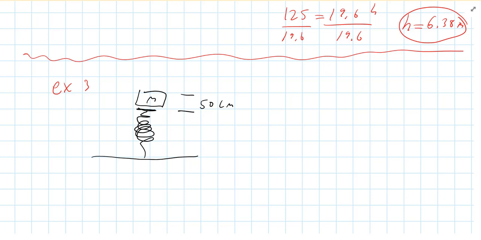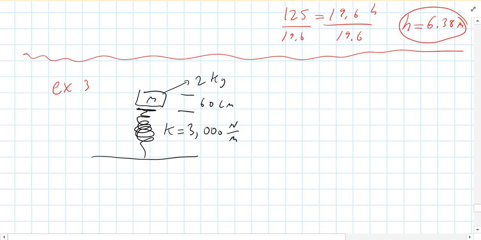In this problem here, I lied. We're going to change 2 things. We're going to make the compression 60 centimeters, and we're going to do a different spring. We're going to say the spring is 3,000 newtons per meter. Okay, and the mass of the book is still 2 kilograms.